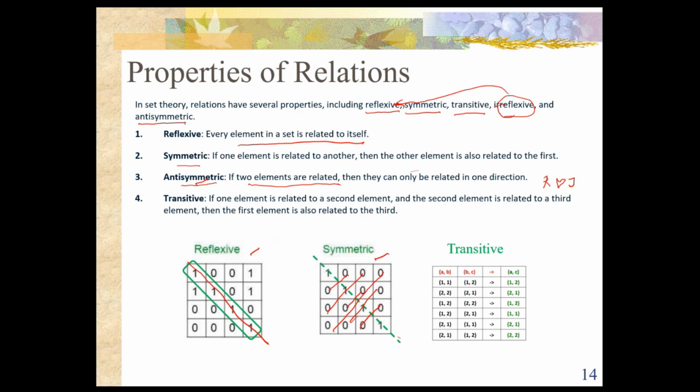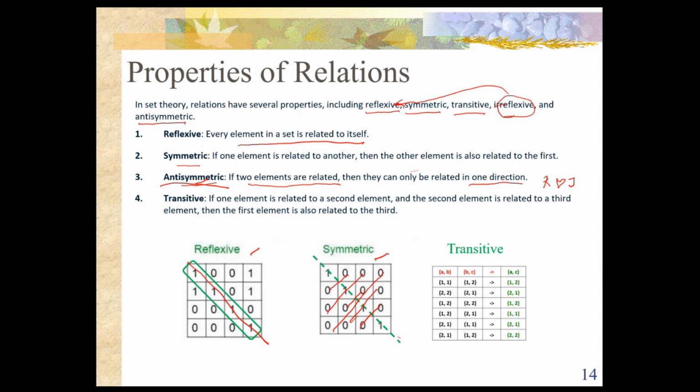Does Juliet love Romeo? If Juliet loves Romeo, then it is symmetric. But this is not anti-symmetry. In anti-symmetry, it should be either Romeo loves Juliet but Juliet does not love Romeo, or Juliet loves Romeo but Romeo does not love Juliet. The relationship must only be one way. That is what we call anti-symmetrical.